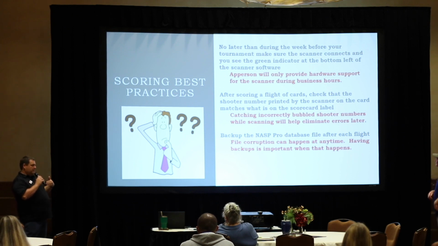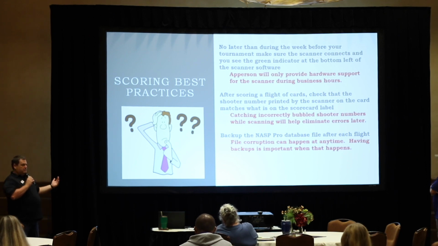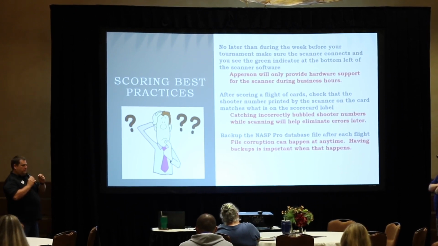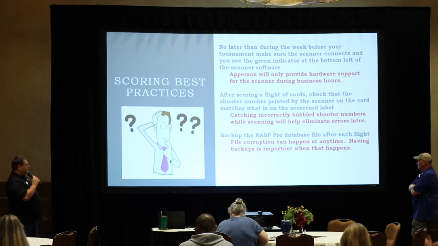If they bubble a number that's an actual valid shooter number for another kid, and that kid hadn't shot, it won't alert you, because it doesn't realize it's wrong until later on, when the other kid's scorecard comes in and says there's a duplicate. At that point you have to look through all the cards to find which card was mis-bubbled. So after scoring, compare the shooter number printed on the card from the scanner with the label, and that will save you a lot of trouble.